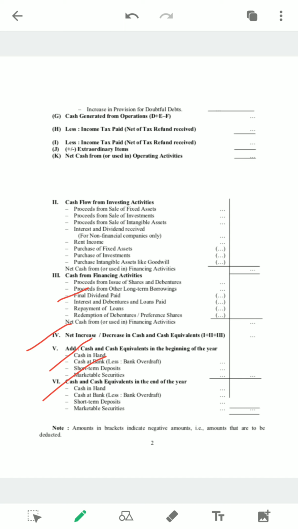Whenever you are doing the add-less part, whatever is coming in, you add, and whatever is going out, you deduct. After doing this addition and deduction, whatever net increase or decrease you get, meaning the net difference of receipts and payments, if you add the opening balance to that amount, you will get the closing balance of cash. And if the closing balance is matched, then the sum is correct.